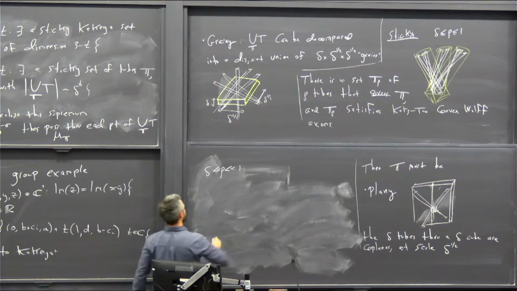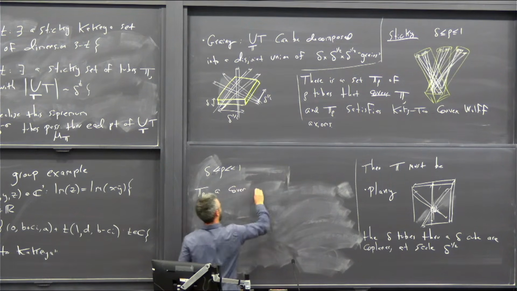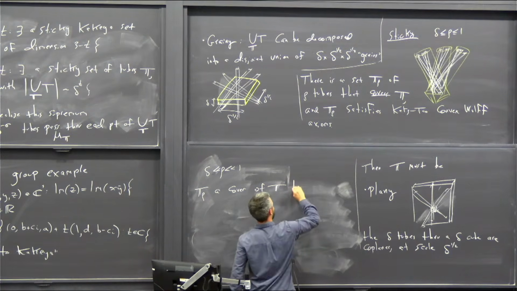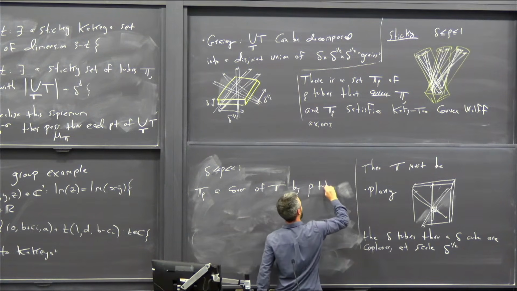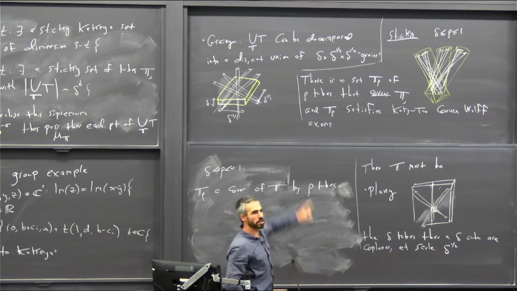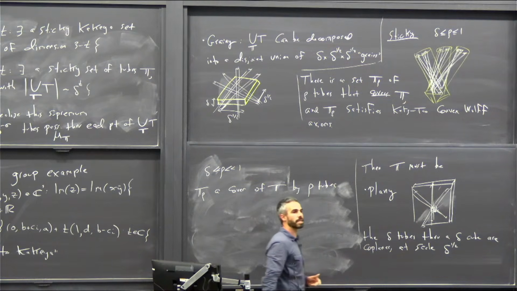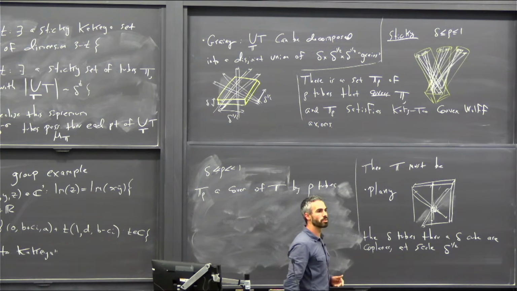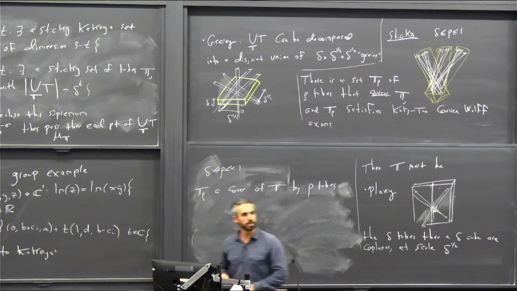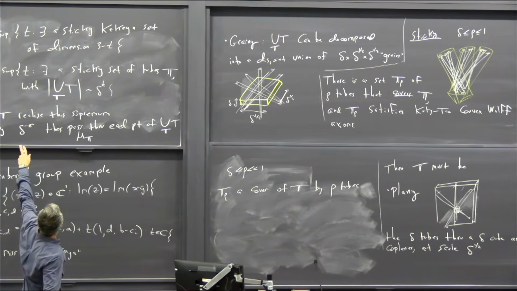You can convince yourself, so T rho, a cover of T by rho tubes. So first of all, there's going to have to be about rho to the minus 2 of these rho tubes. By hypothesis, they satisfy the Katz-Tao-Wolff axioms. So in particular, they are a candidate for this supremum here.